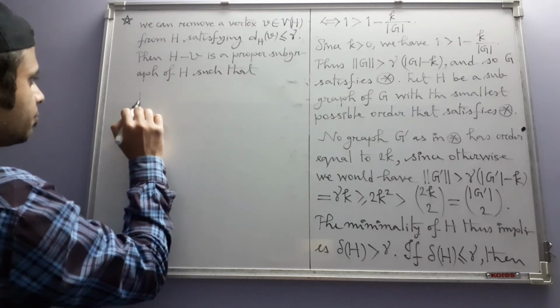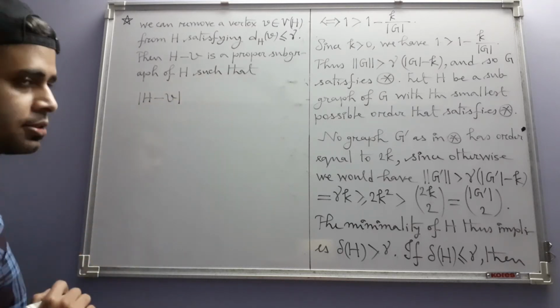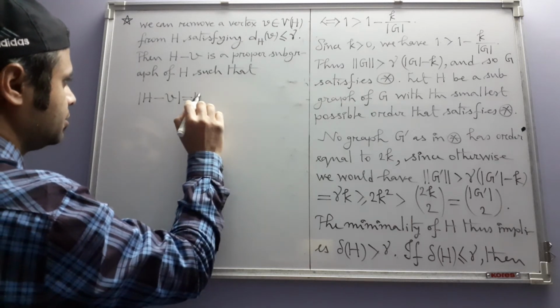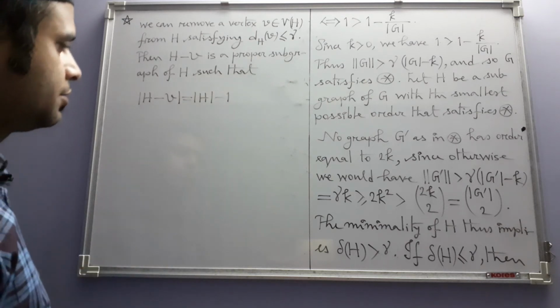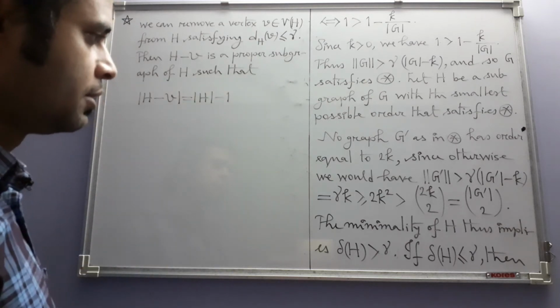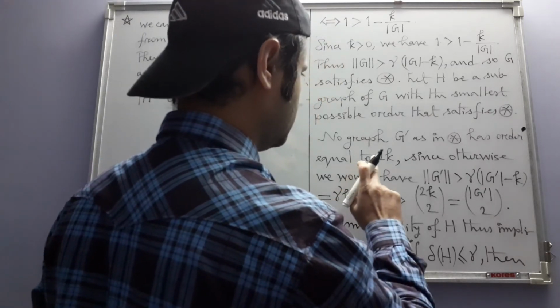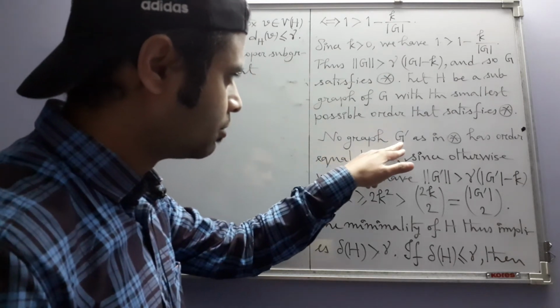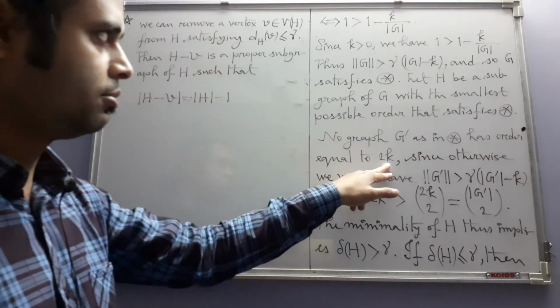What is the order of H minus V? Clearly, since we are removing one vertex, this is order of H minus 1. But what we have proved here is that no graph G prime in star can have order equal to 2k.